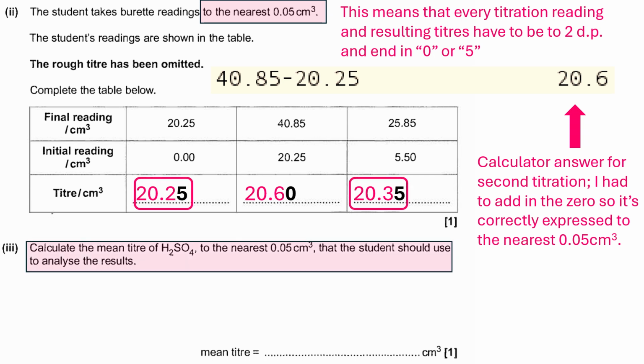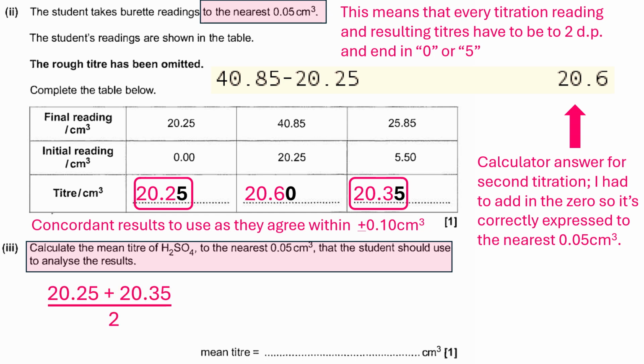So to calculate the mean titer, I have to identify the concordant results, which agree to within plus or minus 0.1 centimeters cubed. So I'm completely ignoring the 20.60. Again, if I put those into my calculator, you can see I get 20.3. I'm going to write it down as 20.30 because that is to 0.05 centimeters cubed.